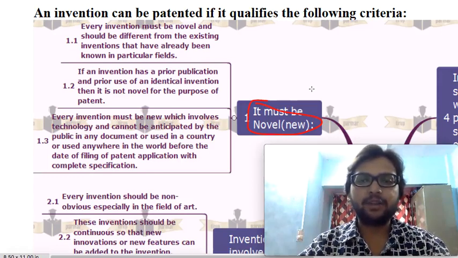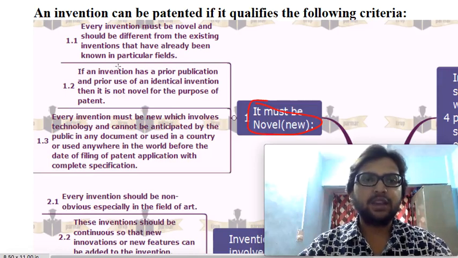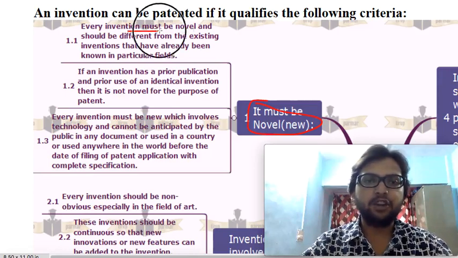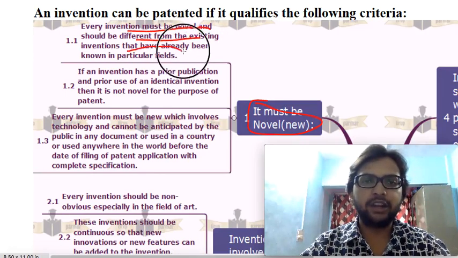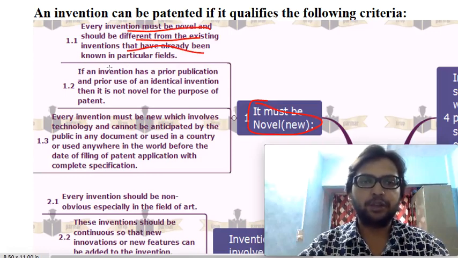That is considered infringement, a crime, piracy. So every invention must be novel. It should be different from existing inventions already known in a particular field.